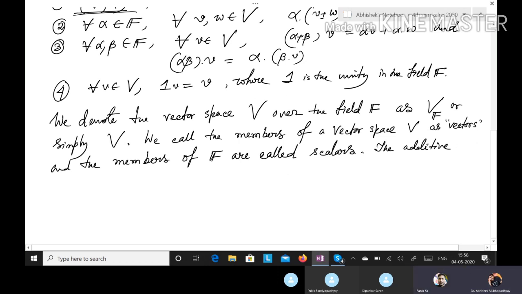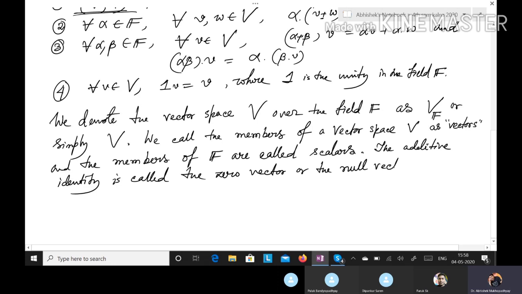This additive identity is called the zero vector or the null vector, and it is denoted by theta.